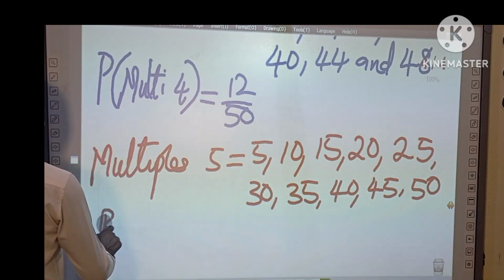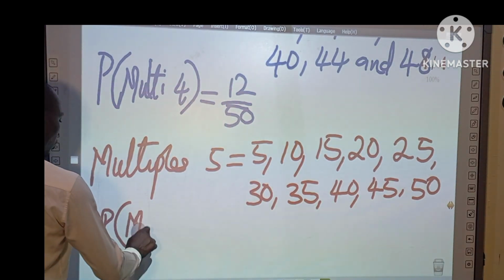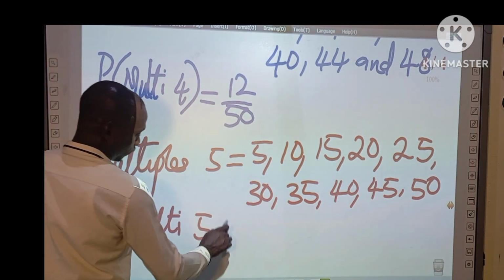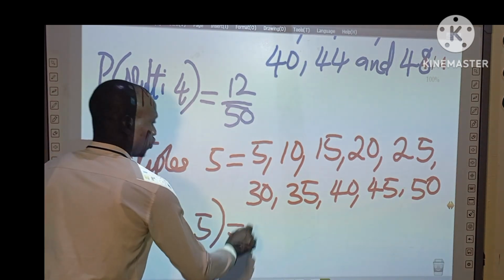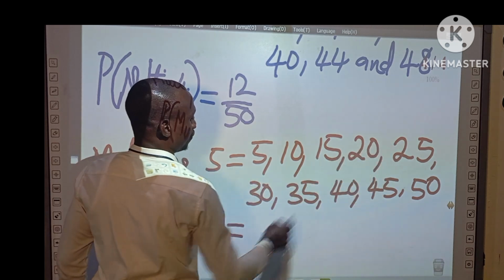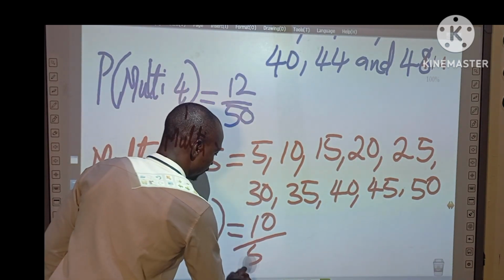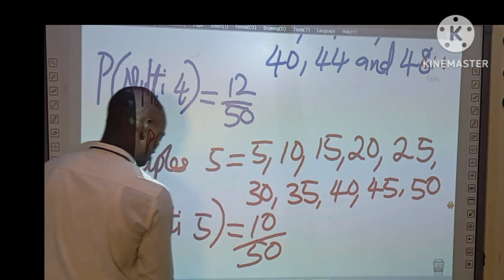Now, probability of multiples of 5 will be equal to, counting 1, 2, 3, 4, 5, 6, 7, 8, 9, 10. We got 10 over 50. Now we are good to go.